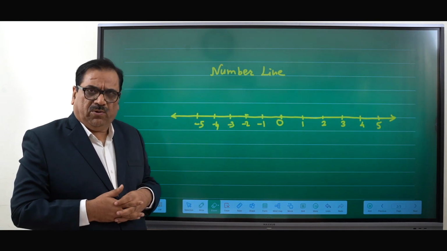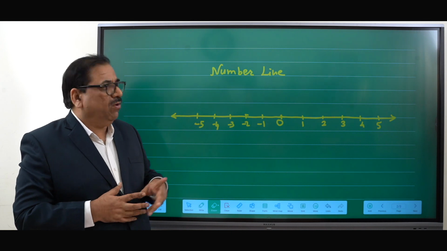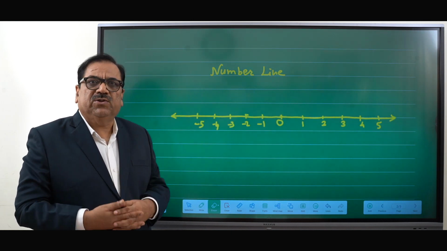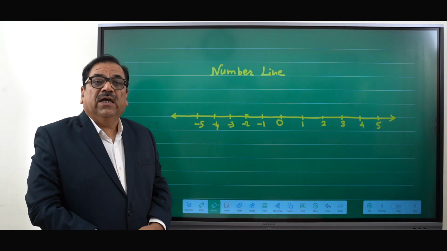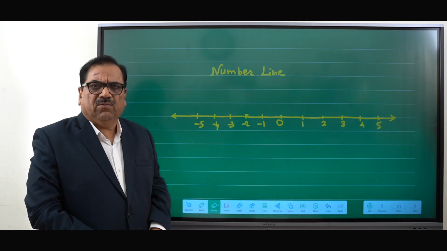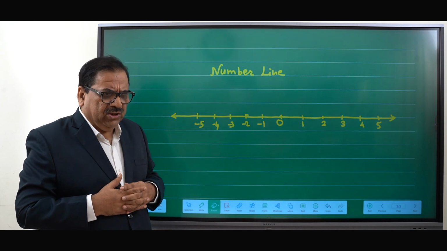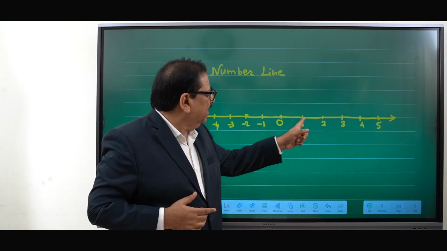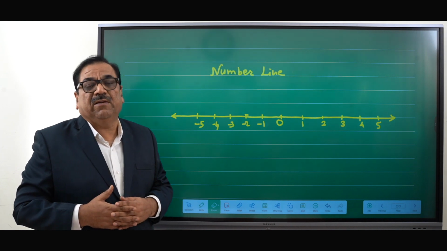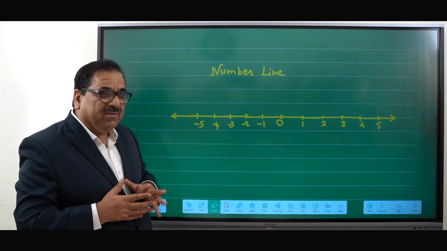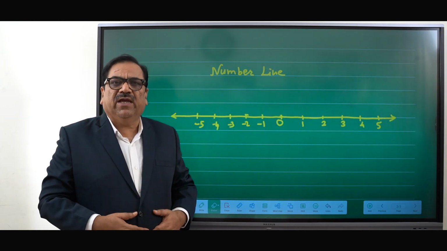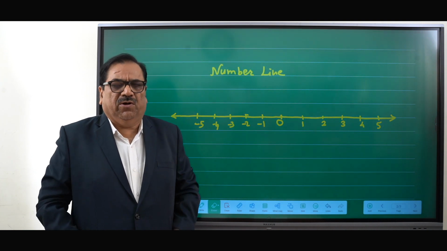When we have to plot any point on the number line, we must know its coordinates. For example, when we say 3, it is clear that the point is here. When we say -3, the point is here, and in this way we can find the x coordinate.